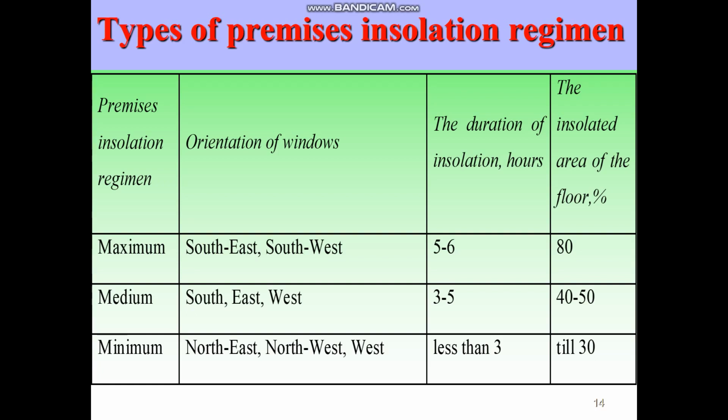Insufficient or irrational lighting results in fatigue of eyes and central nervous system, decrease of mental and physical work capacity, development of some diseases, in particular myopia of children, and increase of trauma risk.